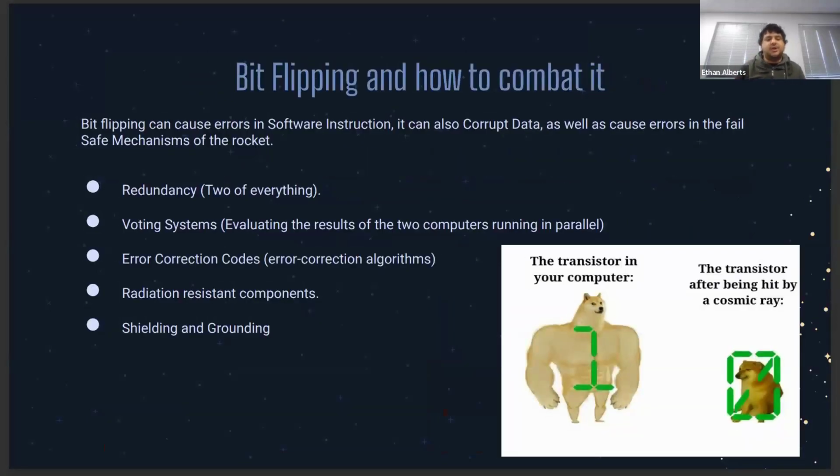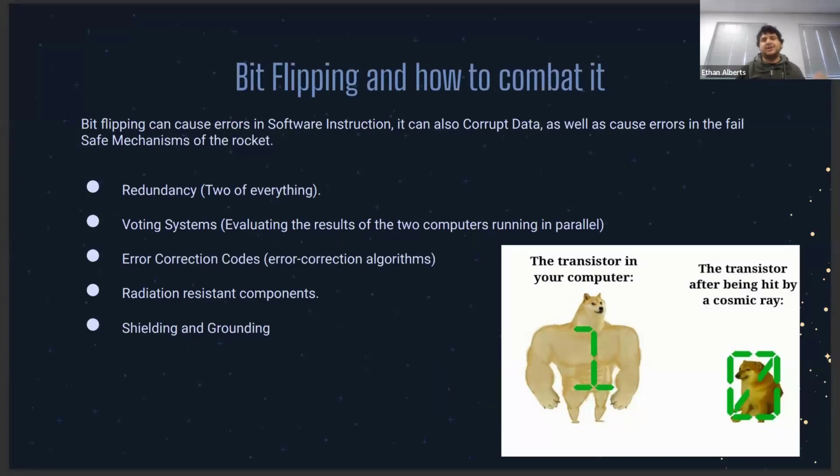Now that you know what bit flipping is and what it does, how do you actually combat this? One of the things they did was have redundancy. They basically had two of everything inside of the rocket. They also had what was called the voting system. These two computers are running in parallel.